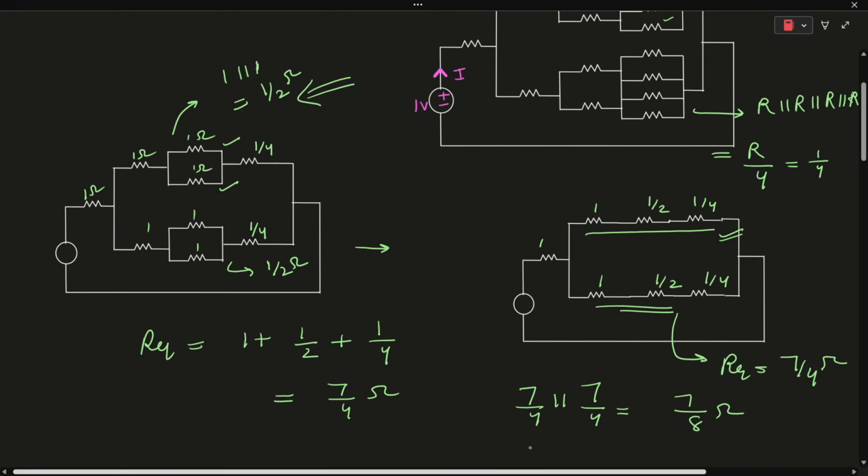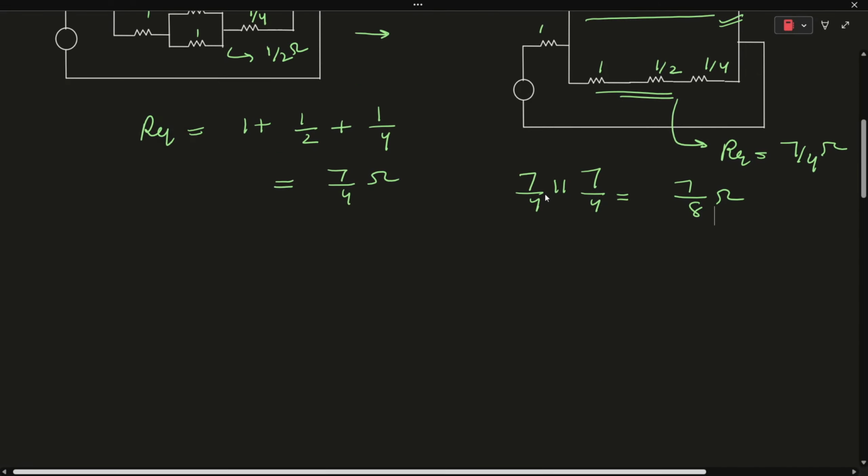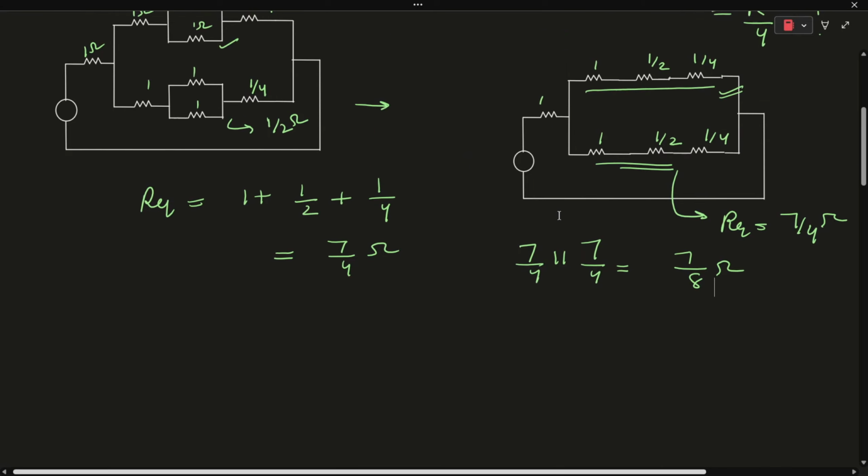Okay. And their parallel combination is connected in series with this resistor. It means that the total equivalent resistance of the above network will be equal to 1 plus 7 by 8, which is equal to 15 by 8 ohms. Okay.